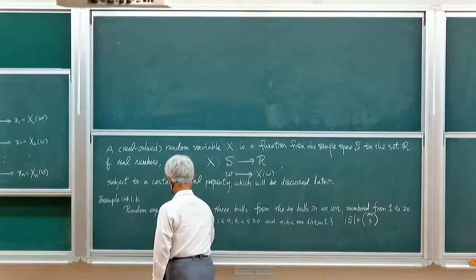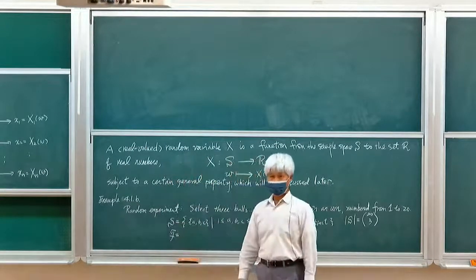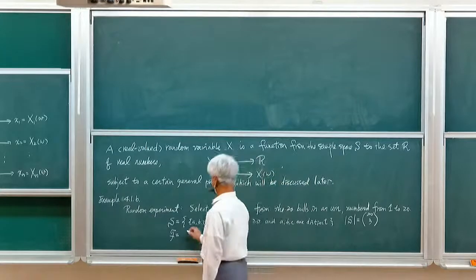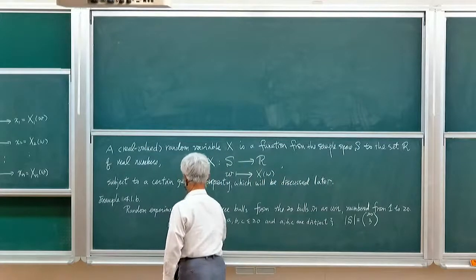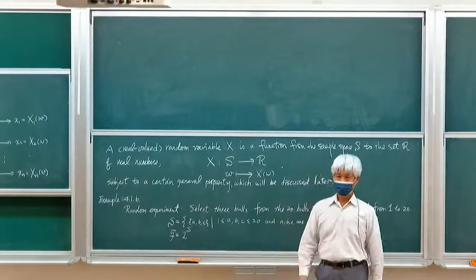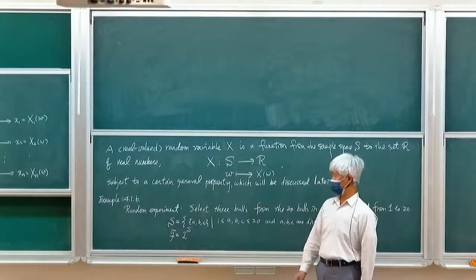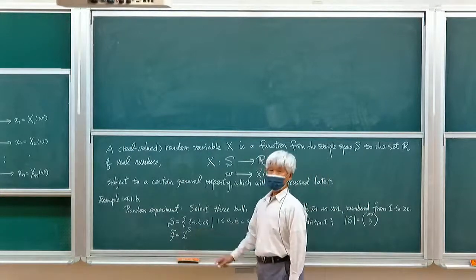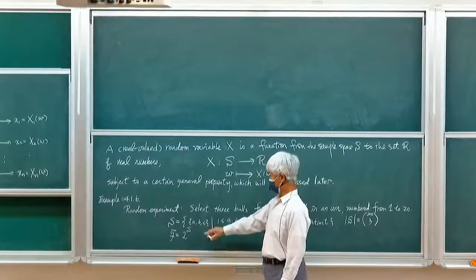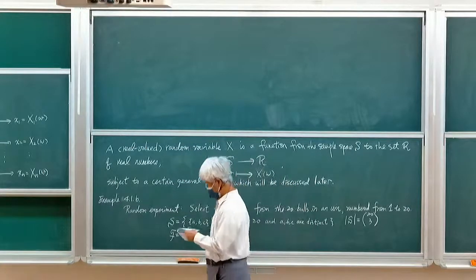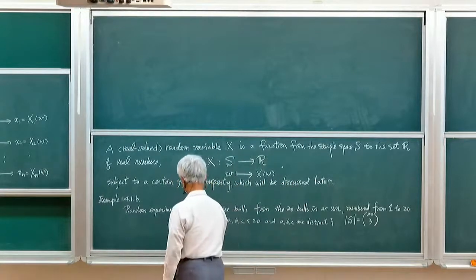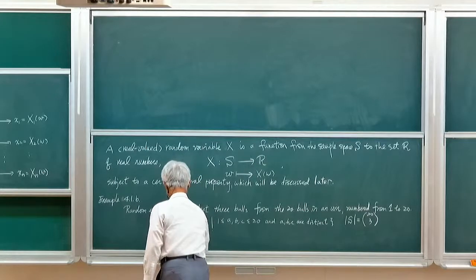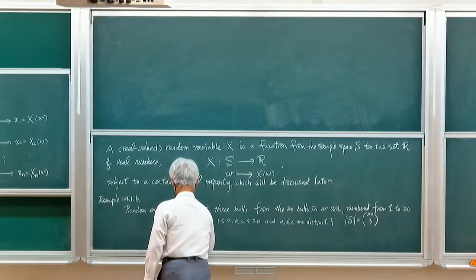All right, and because the sample space is a finite set, the sigma algebra will be selected as the power set of the sample space. Okay, and the probability function is the counting measure.